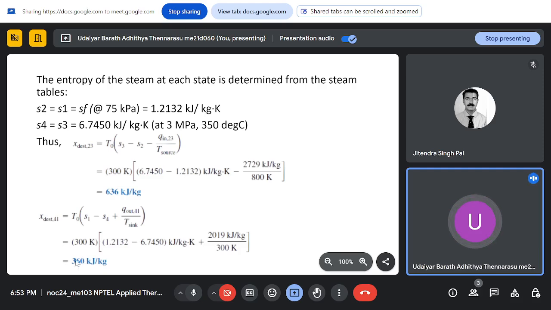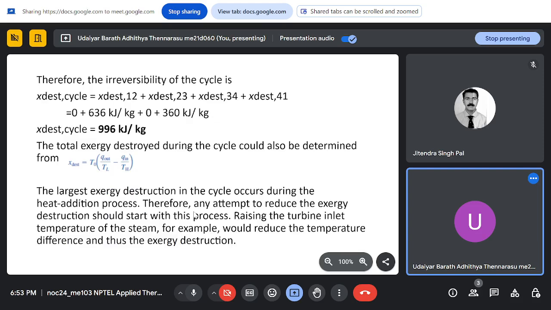So this will come out to be 360 kilojoule per kg. So the total irreversibility or the total exergy destroyed in the cycle is just the summation of all. So exergy destroyed will come out to be 996 kilojoule per kg.